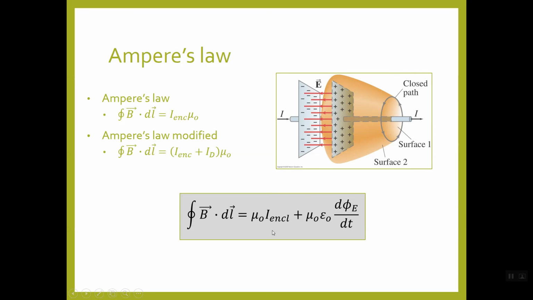So we have an I enclosed term, that's this current here, and then a term that comes from any kind of changing electric flux.